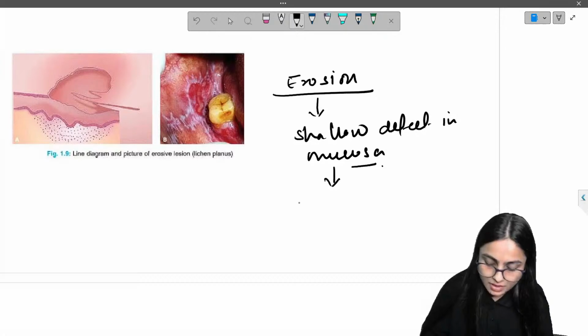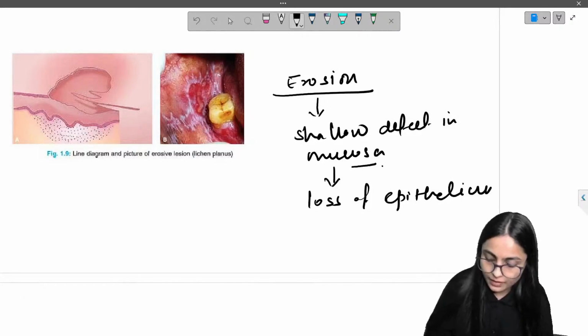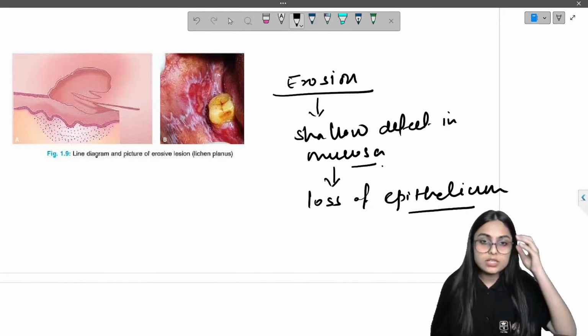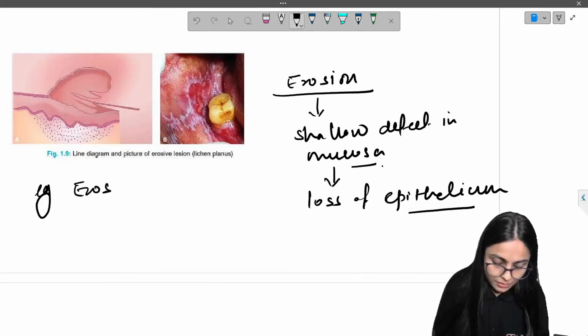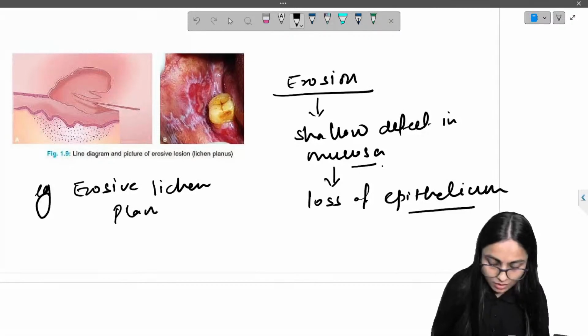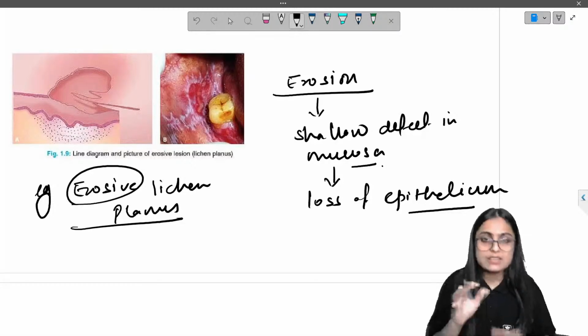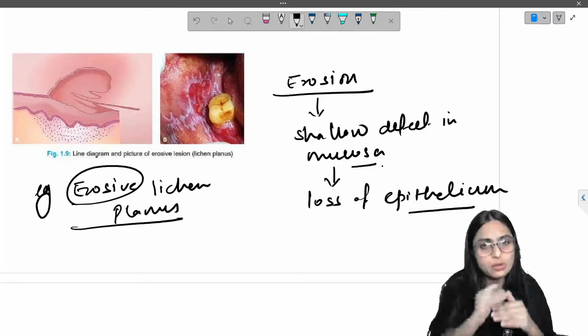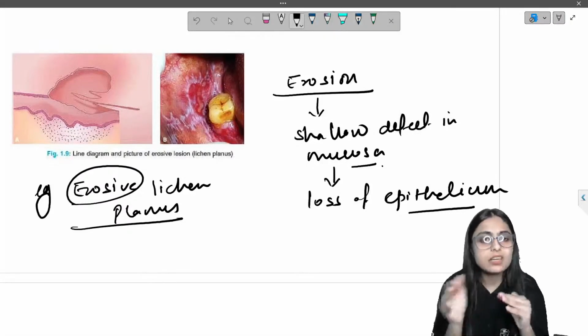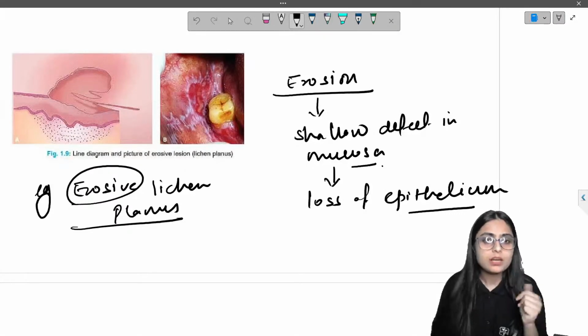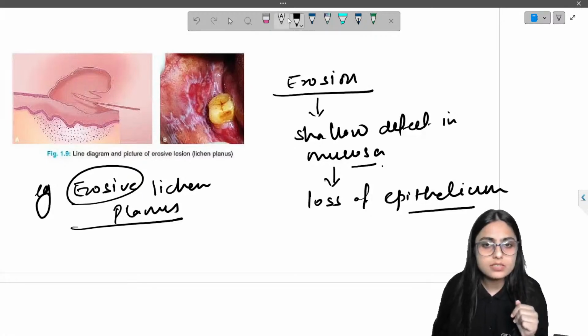Okay? So erosion occurs in erosive lichen planus. Erosion is a primary lesion which is just a shallow defect due to loss of epithelial coverage.